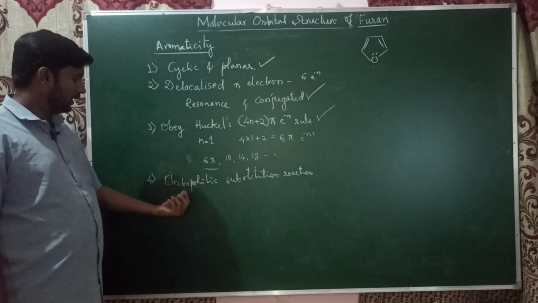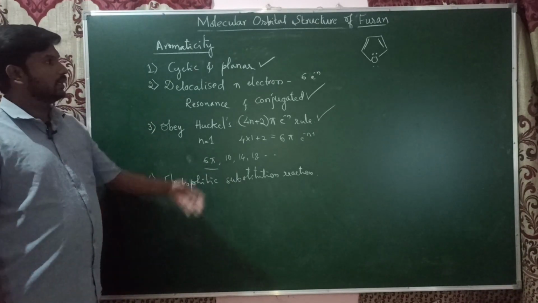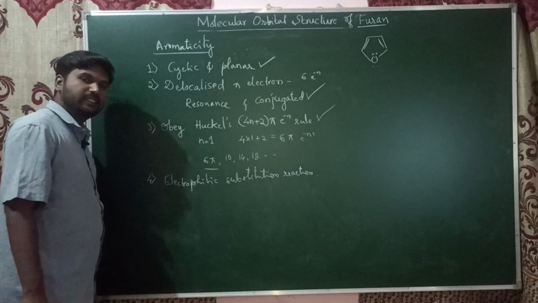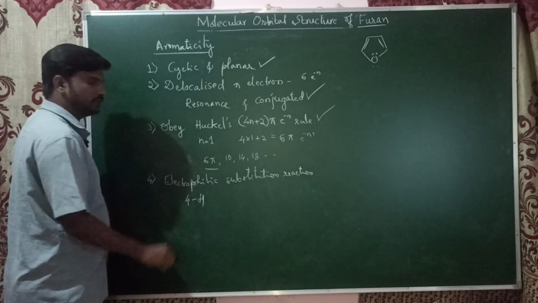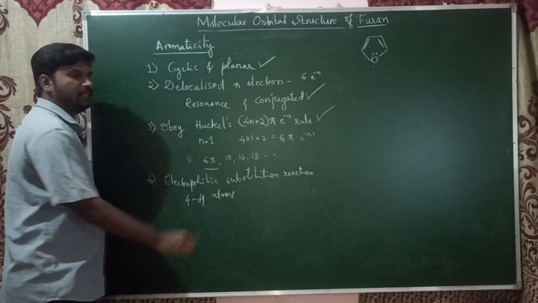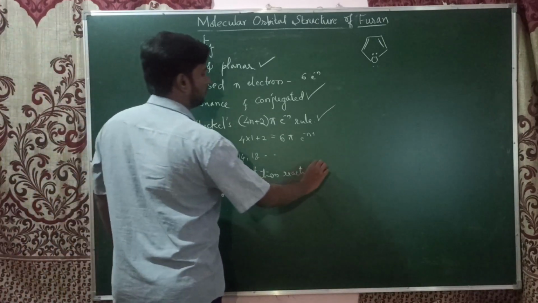So to replace that hydrogen, the compound must contain hydrogen atoms. In the case of furan, the molecular formula is C4H4O. There are 4 hydrogen atoms. These 4 hydrogen atoms can be replaced by any electrophile. So hence it also obeys the fourth criterion.